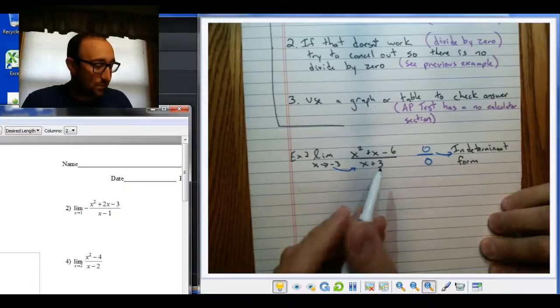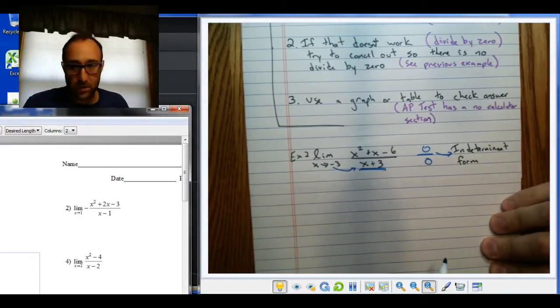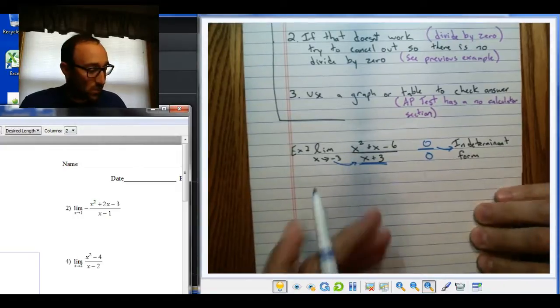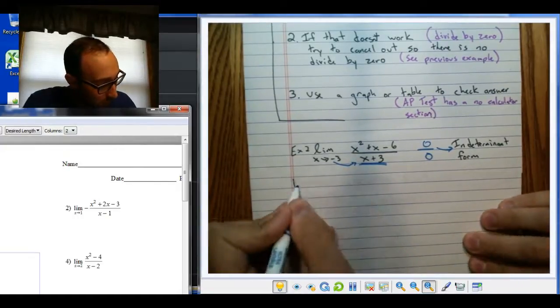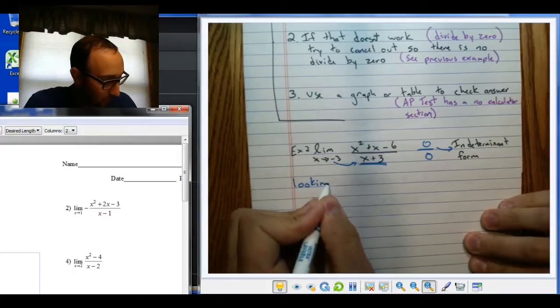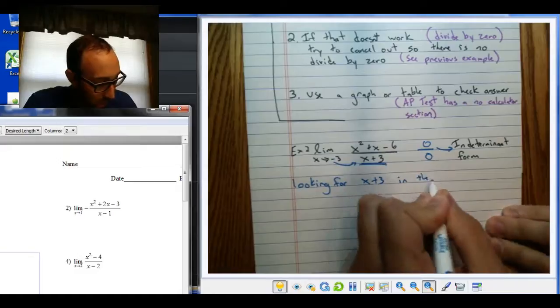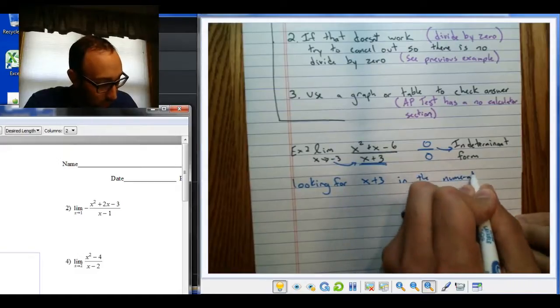So I'm guessing that if I have an x plus 3 in the denominator, maybe I can factor out an x plus 3 on the top. That's really what I'm looking for. So I'm looking for x plus 3 in the numerator.